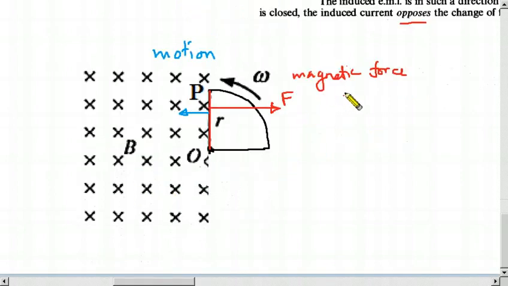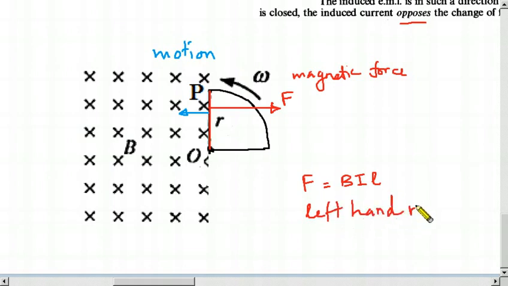So where did we learn about magnetic force? You must remember the F equals BIL equation. When we were learning at the beginning itself of this lesson, magnetic fields, this equation we learned, and also we learned a left hand rule there. Whose left hand rule?